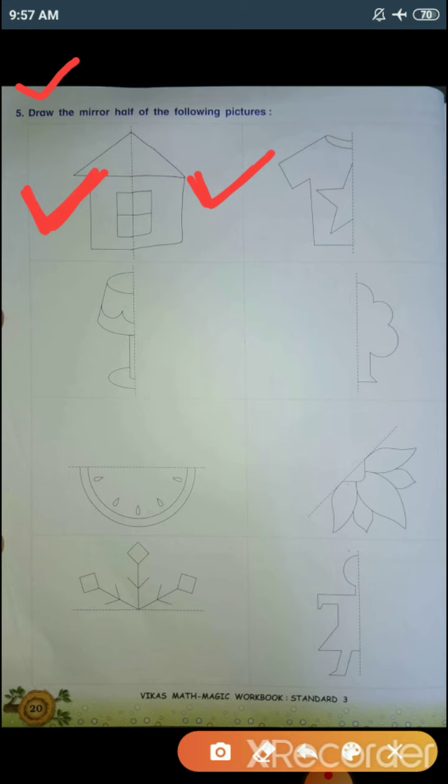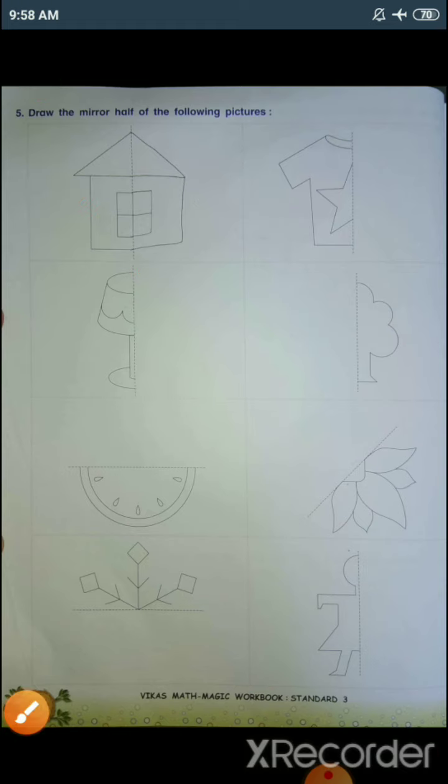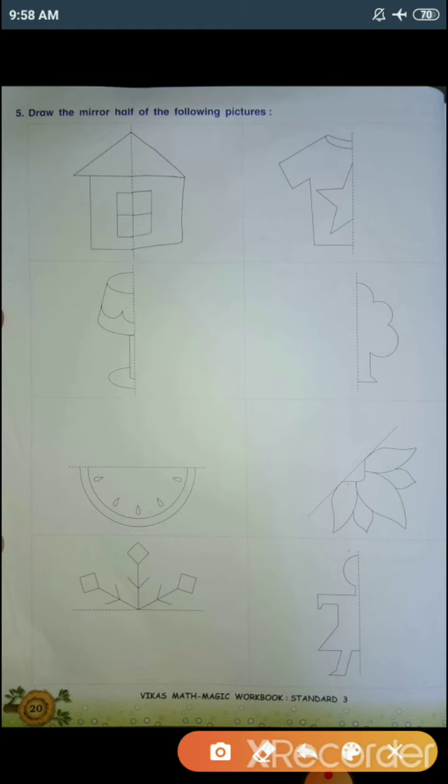Let's do the second one. One table lamp is given. So let's do this same drawing you need to do. With the help of a pencil you can complete this by yourself.